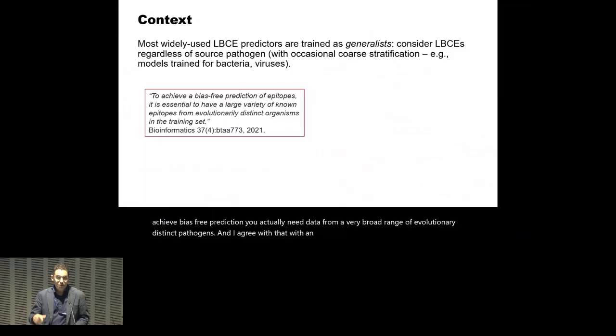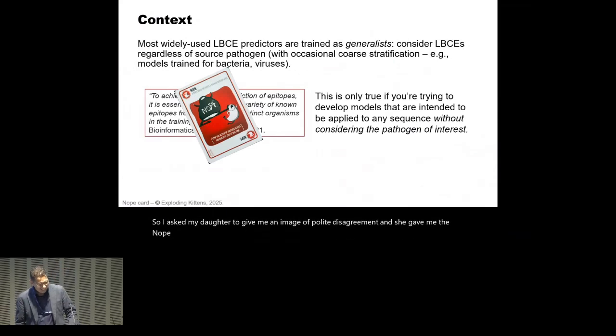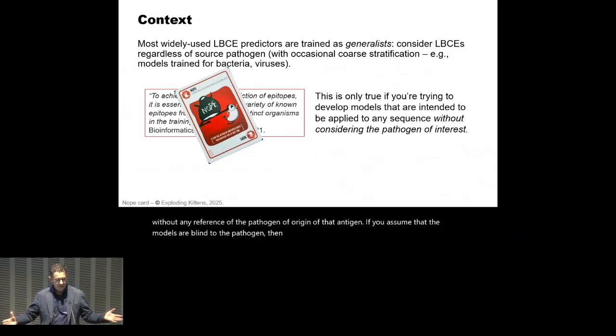So I asked my daughter to give me an image of polite disagreement, and she gave me the Nope Ninja. And I think that is true if you assume that your models are going to be deployed without any reference to the pathogen of origin of that antigen. If you assume that the models are blind to the pathogen, then yes, you need to train them with as diverse a data set as possible.